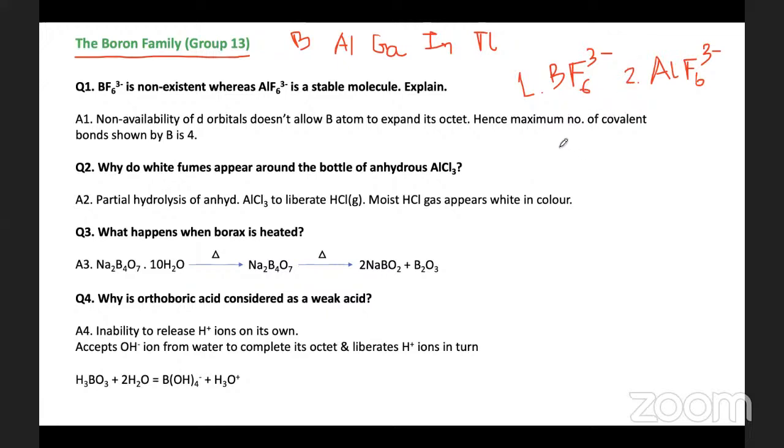First of all, we can answer by the analogy of the metal size or the orbitals. You can see here boron has the electronic configuration 1s2, 2s2, 2p1.